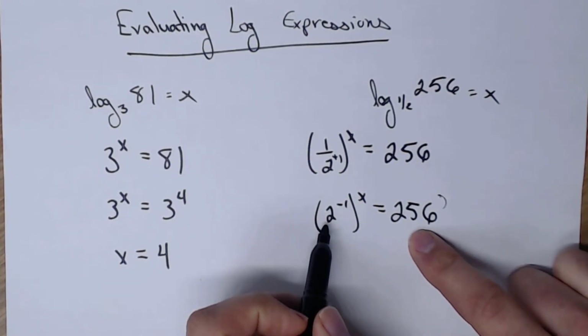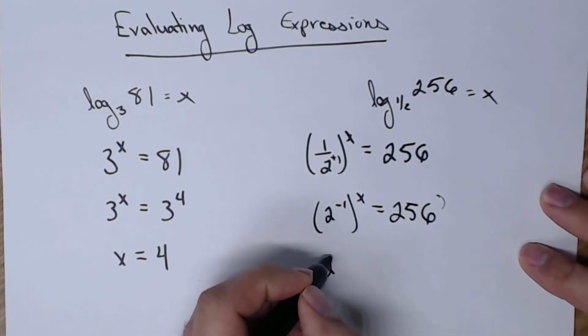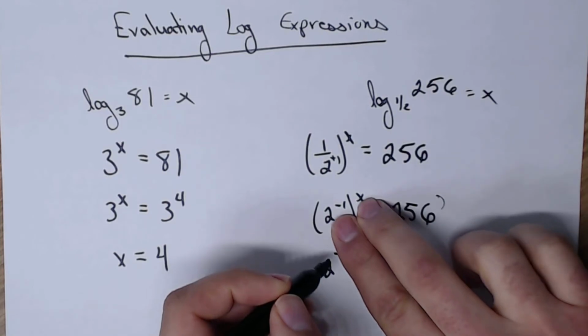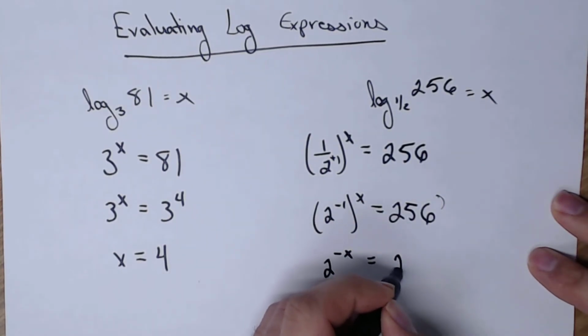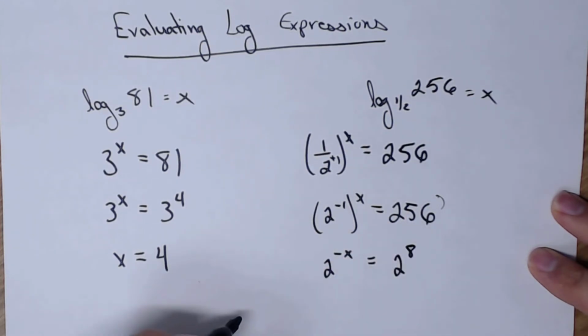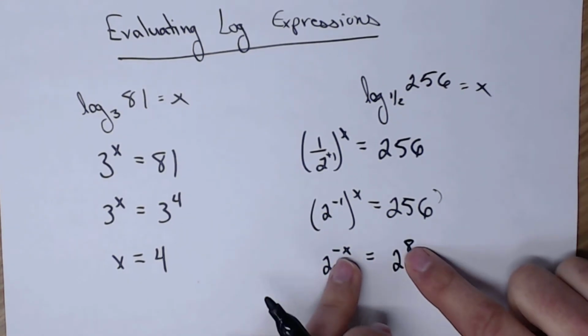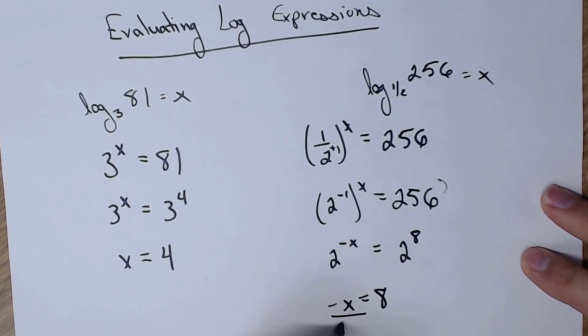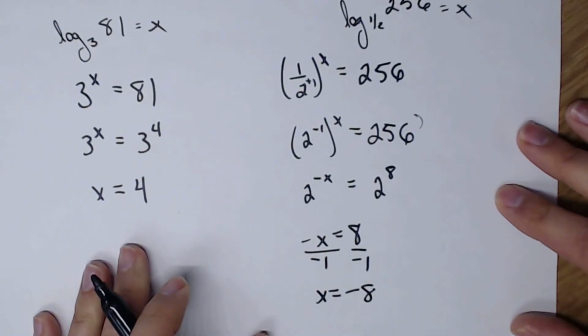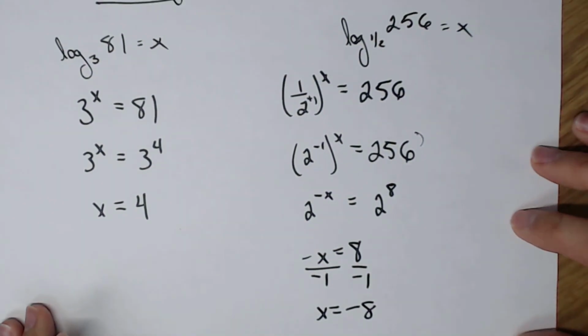I can get 256 to base 2. I multiply my exponents there. And 256 is the same as 2 to the 8th power. Well, now again, same bases. Let's look at their exponents. Negative x must equal 8 divided by negative 1. x equals negative 8.